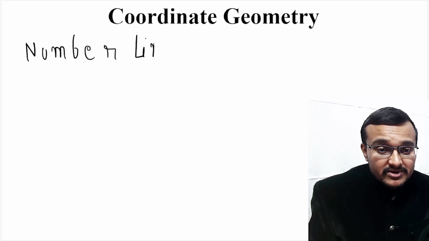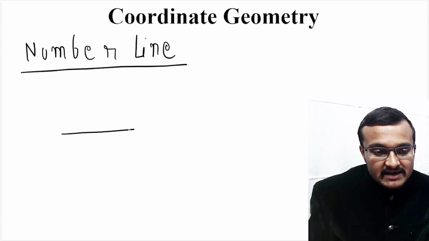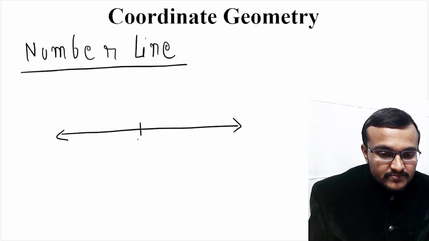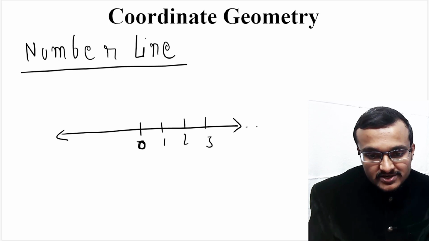So on a particular number line, you know how to locate a particular point. So for example, if I have a number line like this, the center point of this number line will be 0. Starting from 0, there will be 1, 2, 3, and it goes on infinitely.